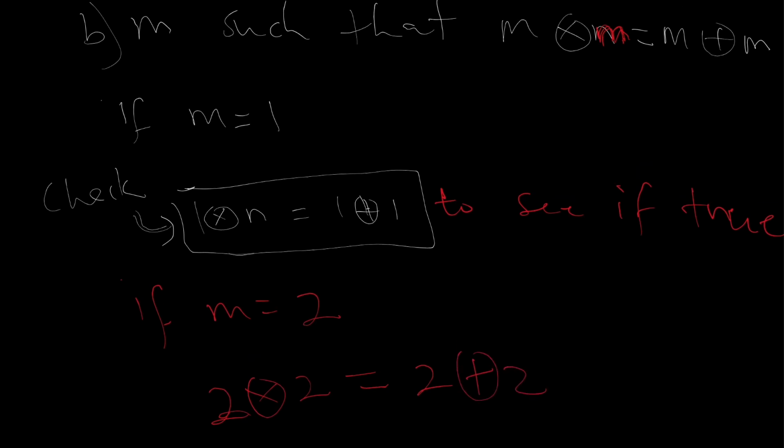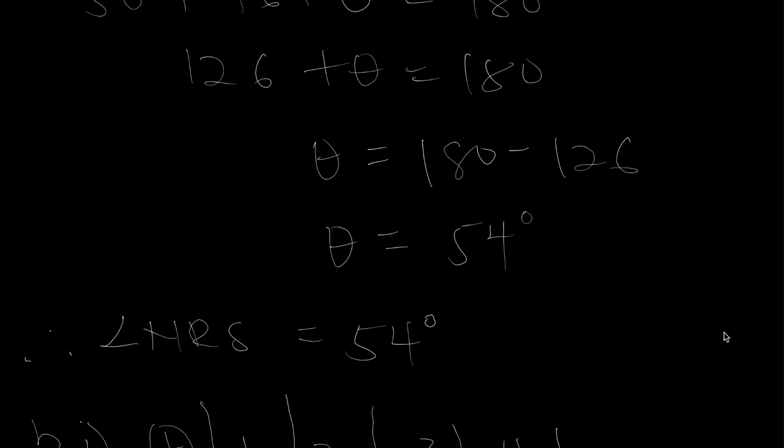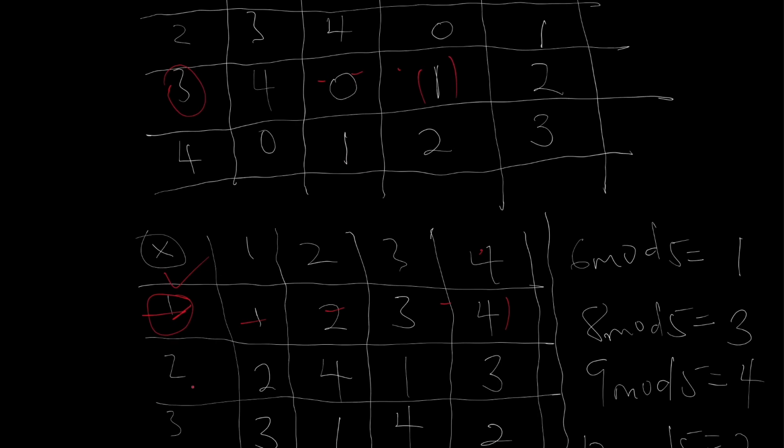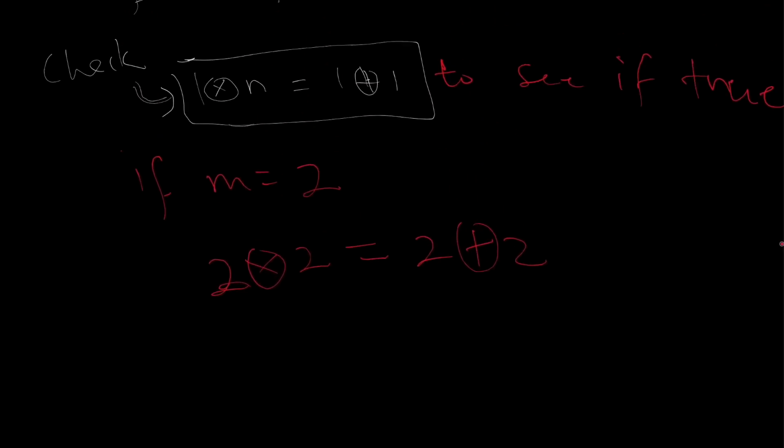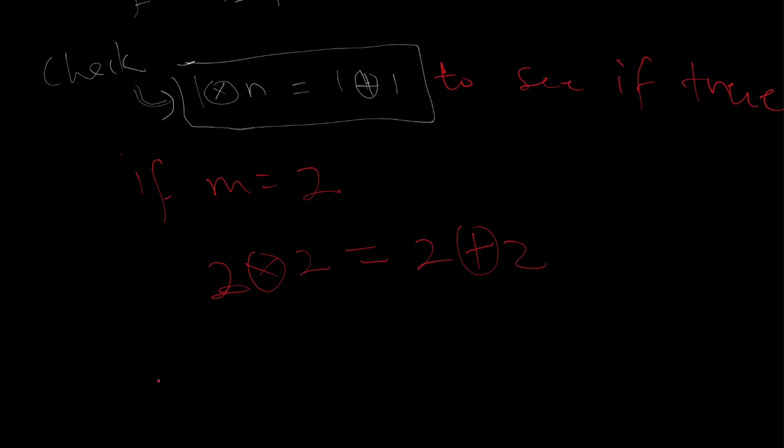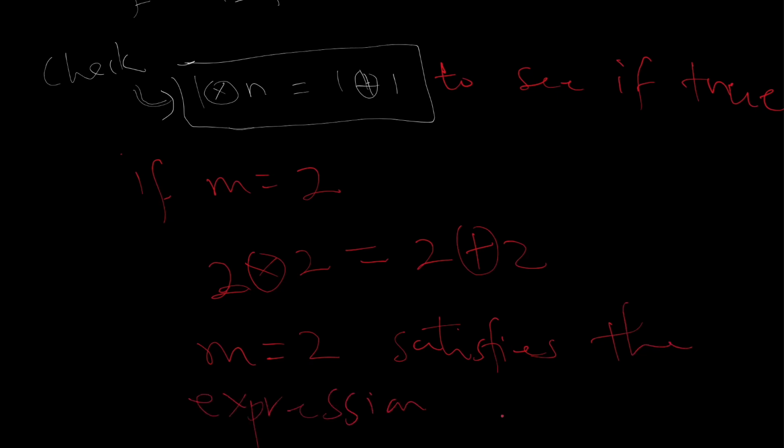So let's inspect. 2 times 2 is 4, and 2 plus 2 is also 4. So we can say that m is equal to 2 has satisfied this expression. So we say that m is equal to 2 satisfies the expression m times m is equal to m plus m.